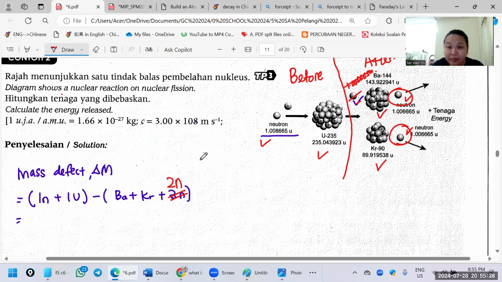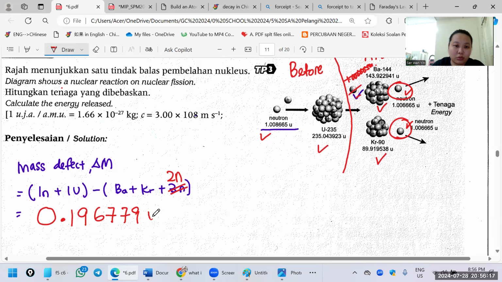Okay, again. 1.00366 plus 235.3924 minus 89.91938 minus 143.92291, then minus 2 times 1.0. Sorry, 0.196779. You make 4 decimal places only.